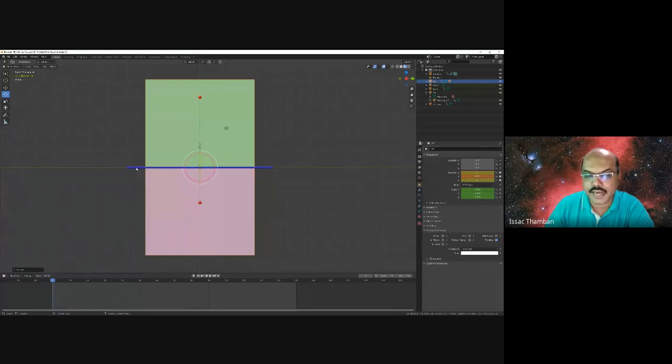And what is this line? This blue line is our XY line. And here, this point denotes the elevation of the point, whereas this point denotes the plan.